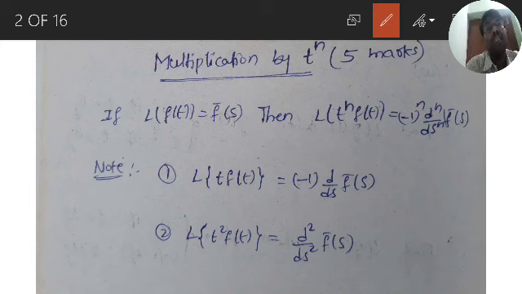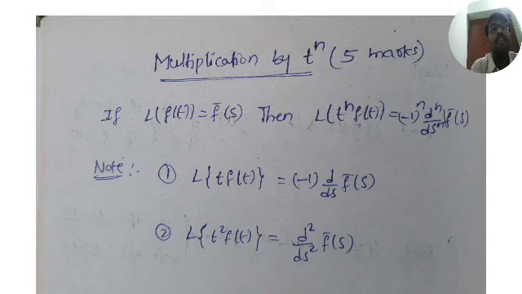So this is multiplication by t power n. This is our today's topic. So read it so that we can move on, and let us try to do more and more problems. Are you able to get it? This is multiplication by t power n. n equal to 1 is multiplication by t.